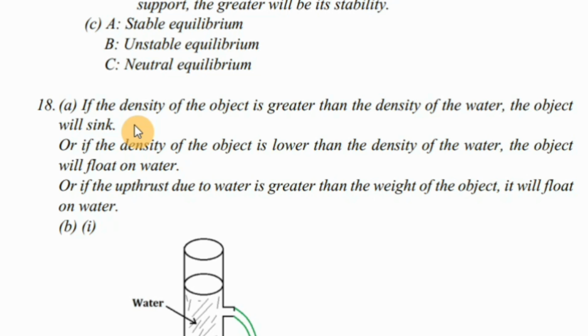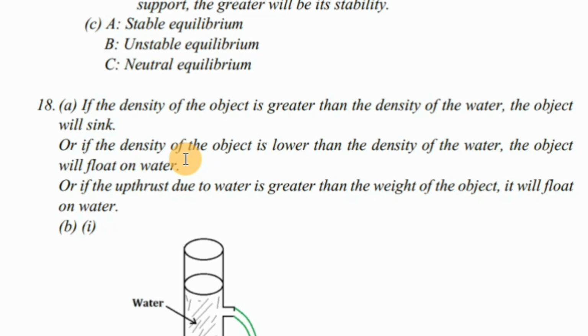And we know that if the density of an object is less than the density of water, the object has to float. If the density of the object is greater than the density of water, the object will sink, or if it is lower than the density of water, the object will float. Also, you can answer this question according to the buoyancy force, or upthrust.